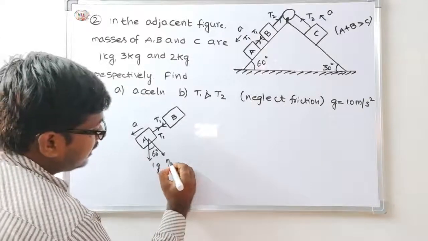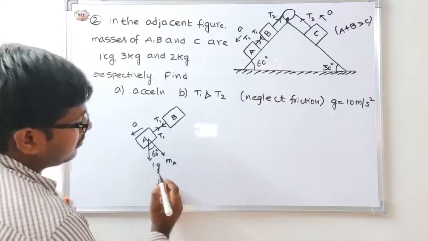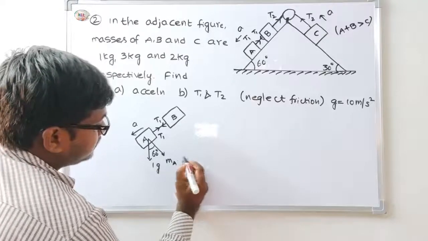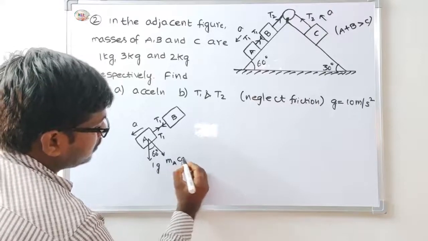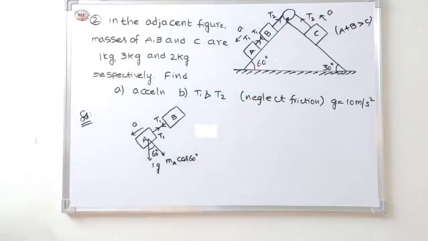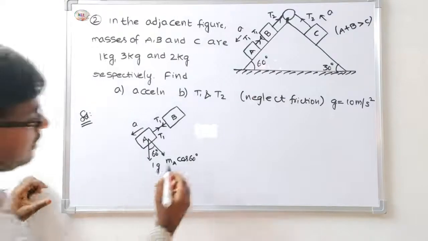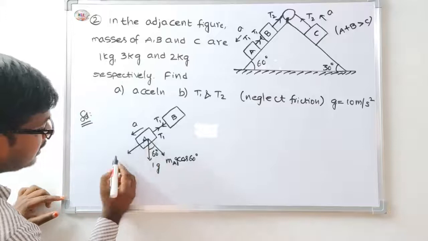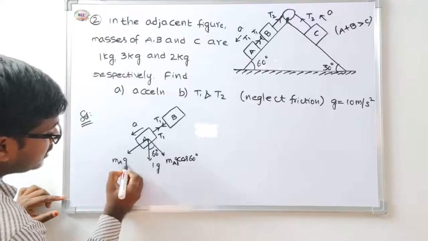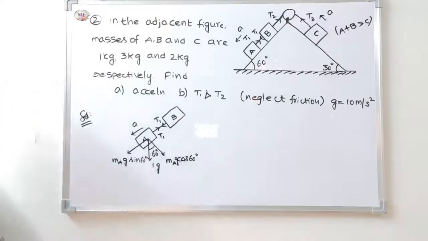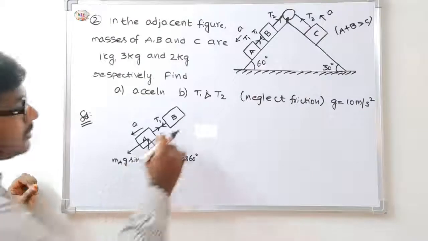Horizontal component is MAG cos 60 degree. The next vertical component is the MAG sin 60.